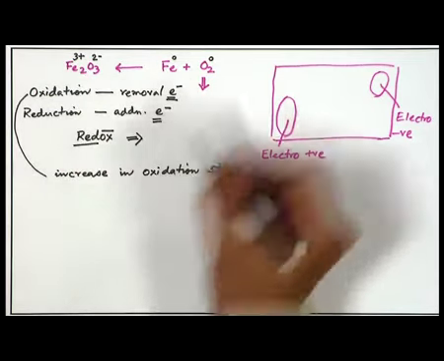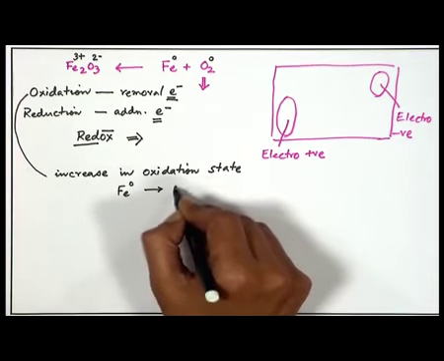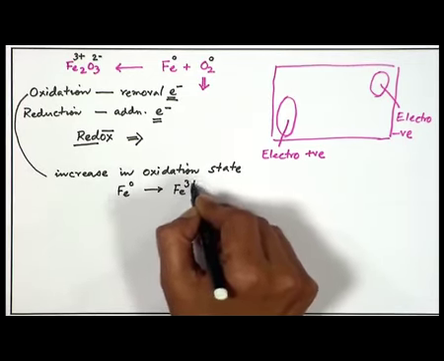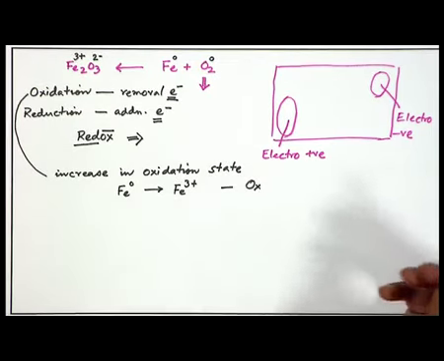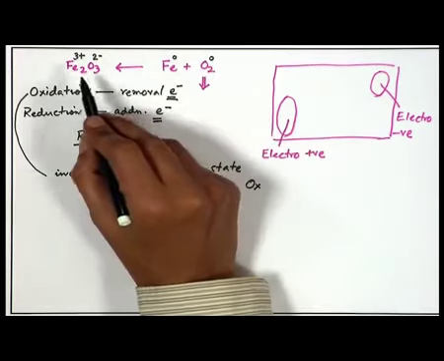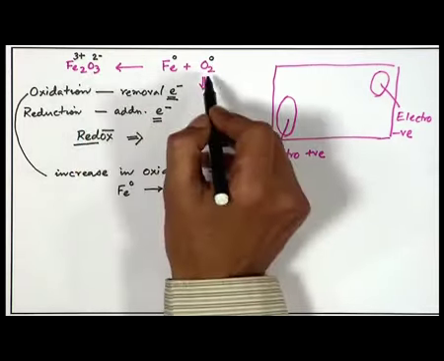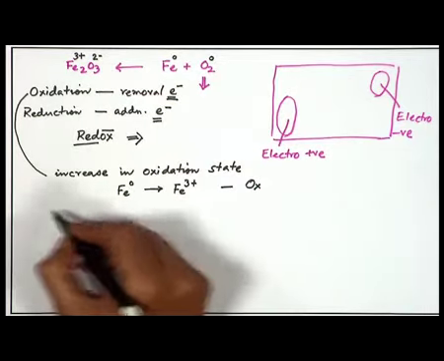That means Fe 0 going to Fe 3 plus is the typical oxidation process, and we see that O2 is gaining electrons. Gain of electrons, in a negative direction, is the decrease in oxidation state.